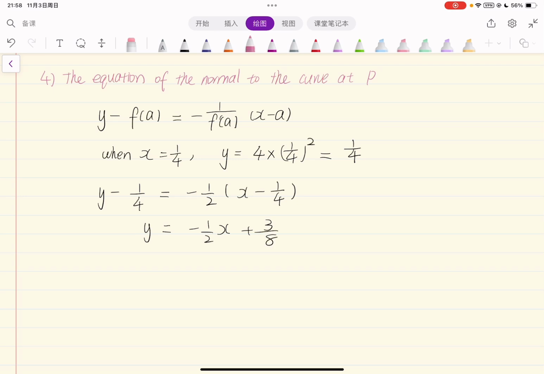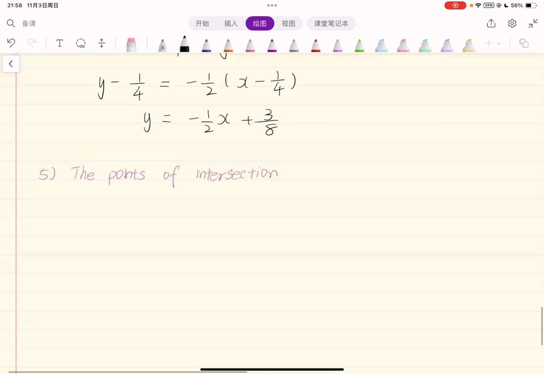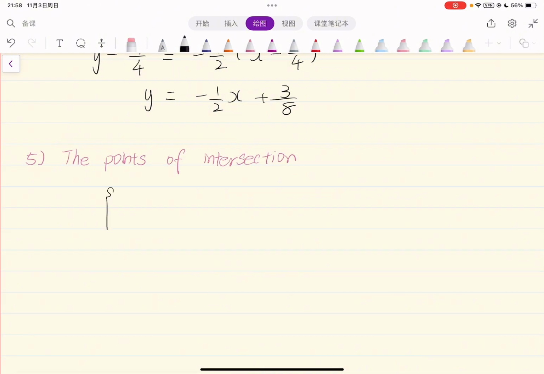So that we can write down the simultaneous equations to find the points of intersection. The simultaneous equations that we have are y equals 4x squared and y equals negative half x plus 3 over 8.